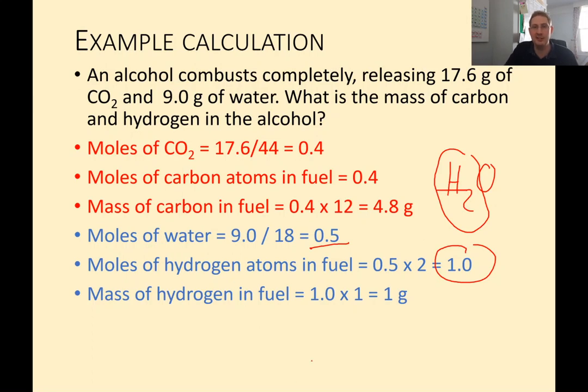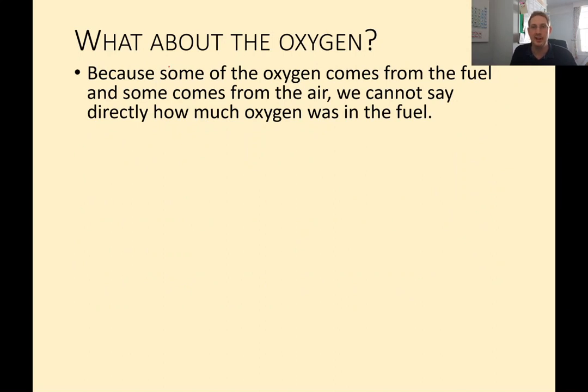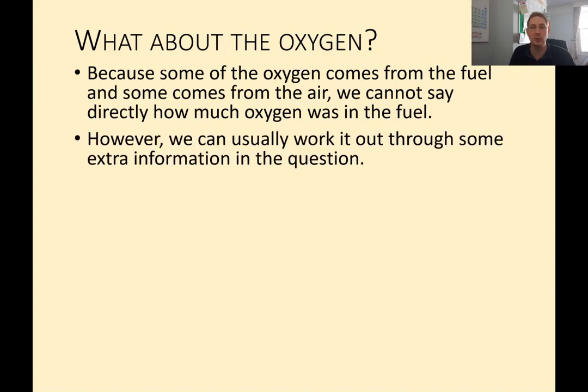You'll notice that there's some oxygen in the fuel because it's an alcohol. So in order to work out the exact formula of this, we do need a little bit more information. We have a problem in that some of the oxygen comes from the air, some of it comes from the fuel, so we can't say directly how much oxygen comes from the fuel.